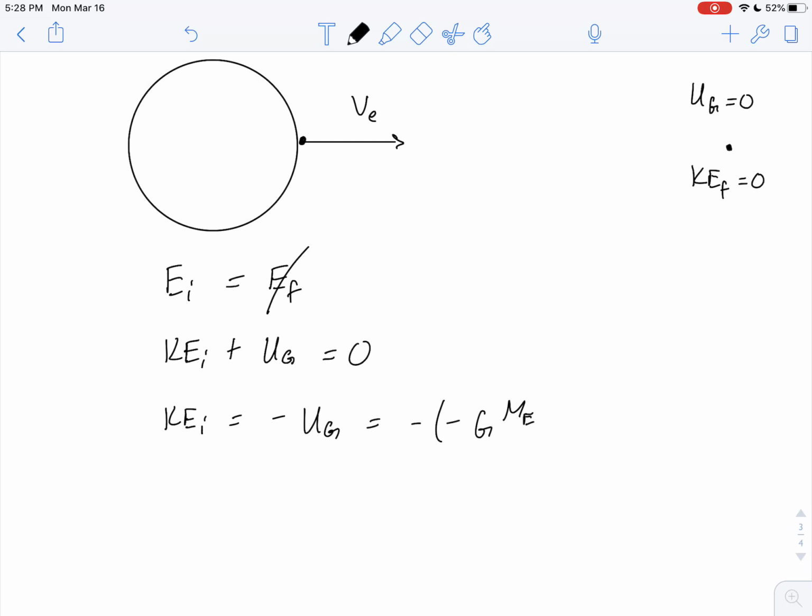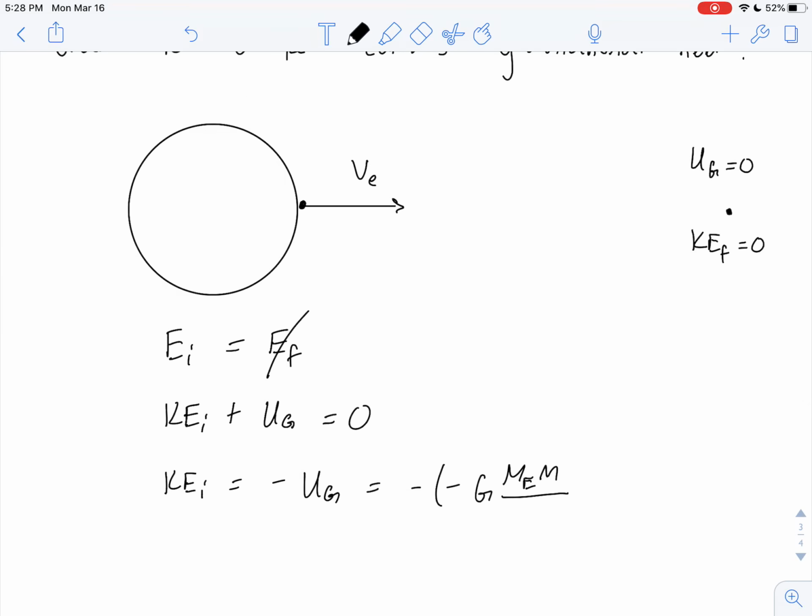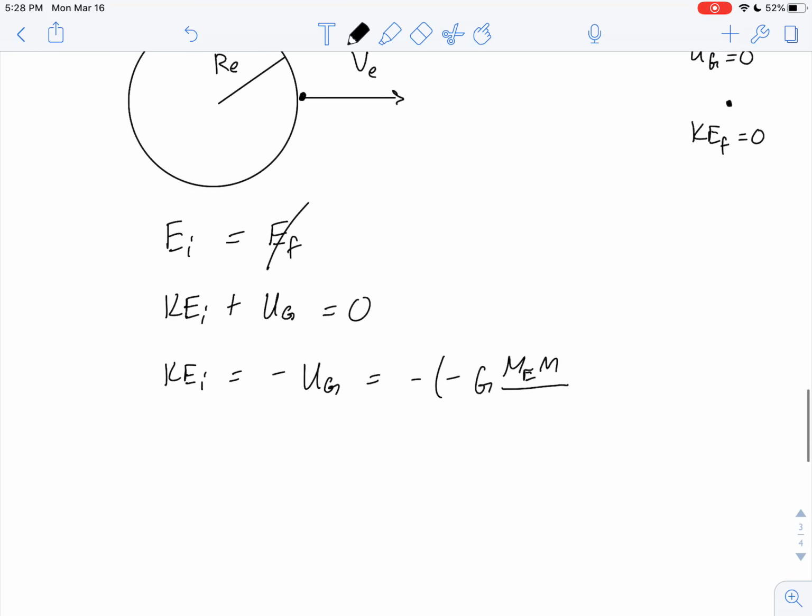mass of Earth, mass of our rocket, over, so how far away is it initially? Well, it's at Earth's surface, so it's going to be a distance of r e, meaning radius of Earth, away from the center.